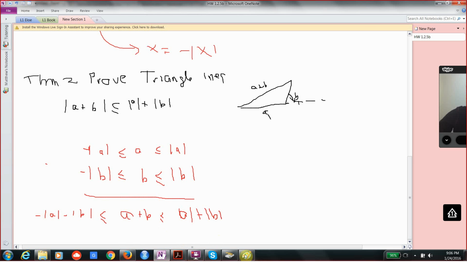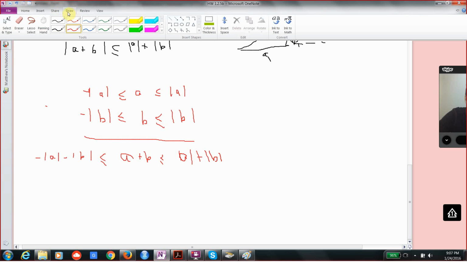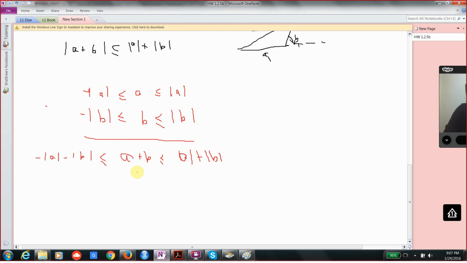Now notice something. Suppose, for example, A plus B was negative. Let's just look at two possibilities here real quick. If A plus B was negative, when I took the absolute value, this would be larger than this.